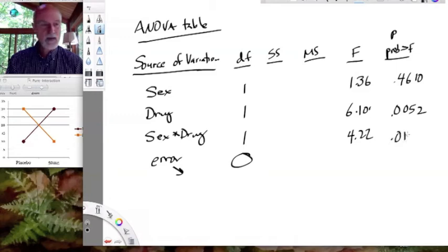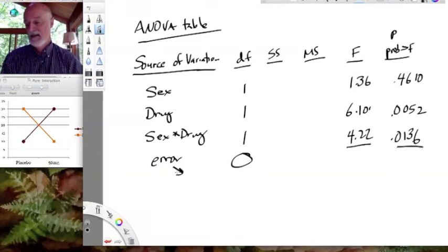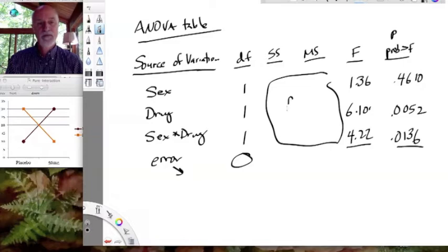But let's imagine we get this situation where, and of course we don't have an F and a P associated with the error, right? Because there's no error to test it over. All right, so you understand this, and we are really paying attention to our statistically significant p-value associated with the interaction term. The real question I want to get to today, so this is how we would present it, and obviously we would fill in these numbers here from JMP.